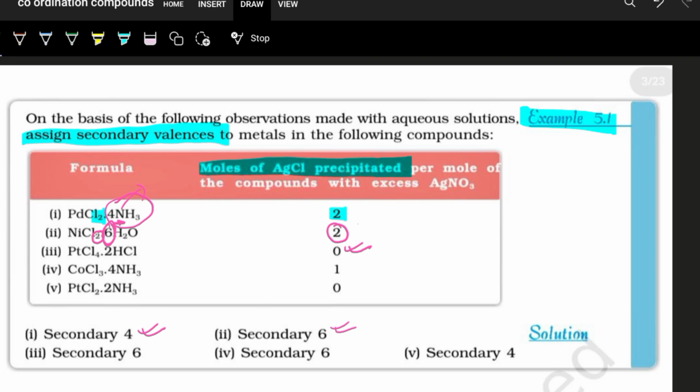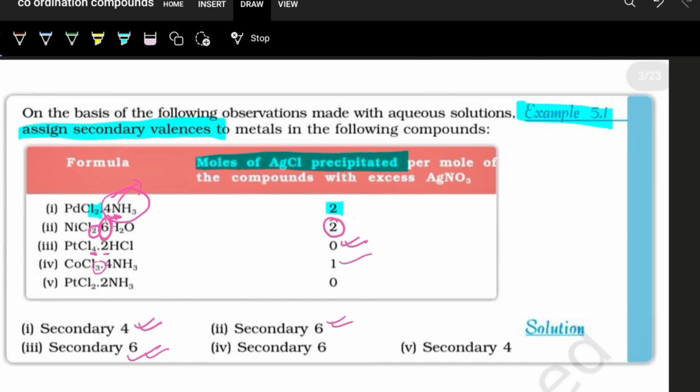So the coordination number should contain 4 plus 2 equal to 6 secondary valence. And then in the next one, there are 3 Cl, 1 is precipitated as AgCl, 2 remaining, plus 4 for NH3, secondary valence equal to 6.